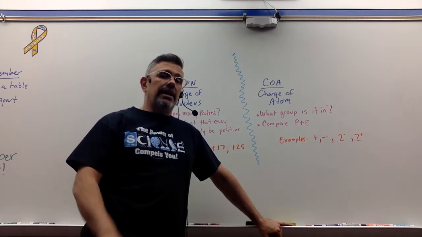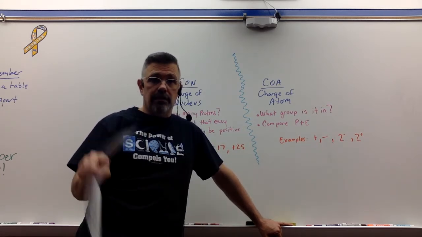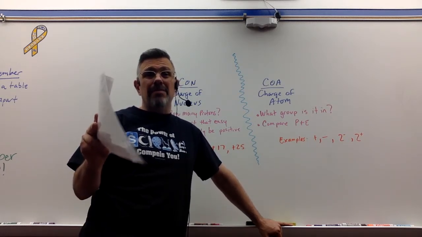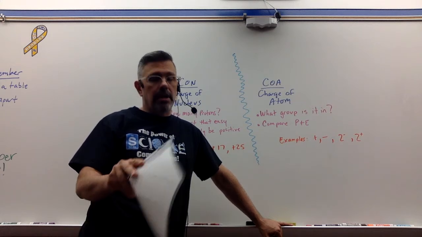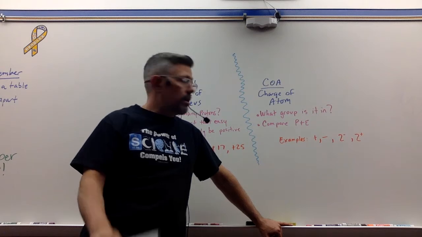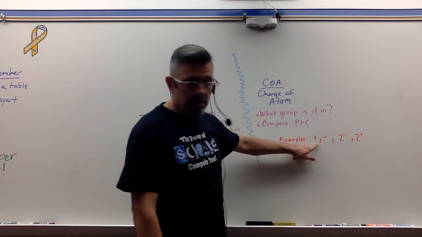Let's say it reacted and lost that one electron in the valence shell. It now would have 10 electrons and 11 protons. Protons would win, so the charge would be a plus charge.